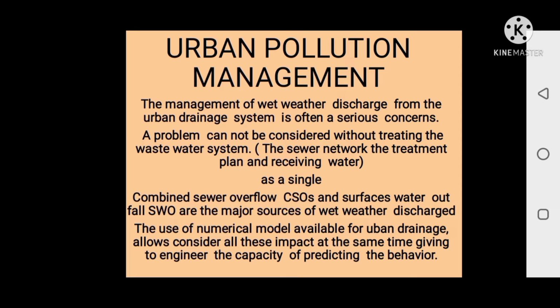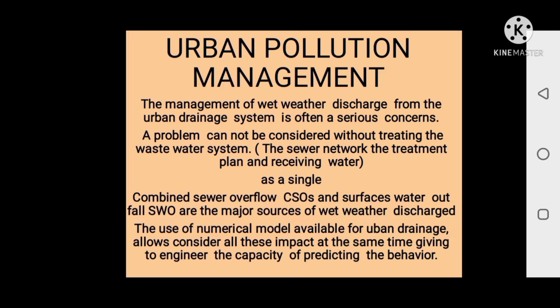So the management problem can be considered by treating the wastewater system, the sewer network and treatment plants, and the receiving water as a single system. In other words, it must be assured that the resolution of the problem in one part of the system does not cause a new problem elsewhere.